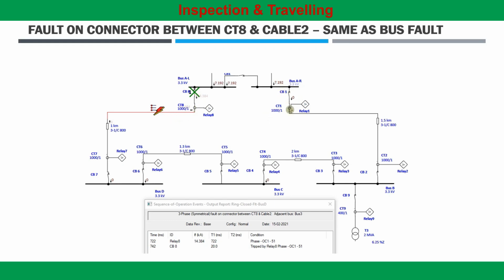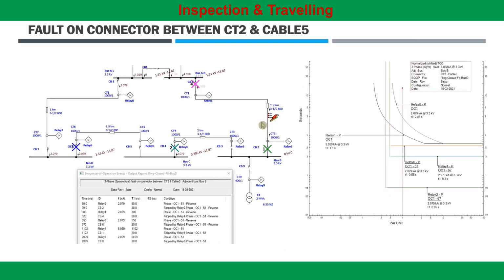There is no fault current flowing from the right hand side of the circuit. Hence in the sequence of operation events, you can see that the fault current of 14.38 K is flowing through relay 8, which operates in 722 millisecond as per the provided setting.